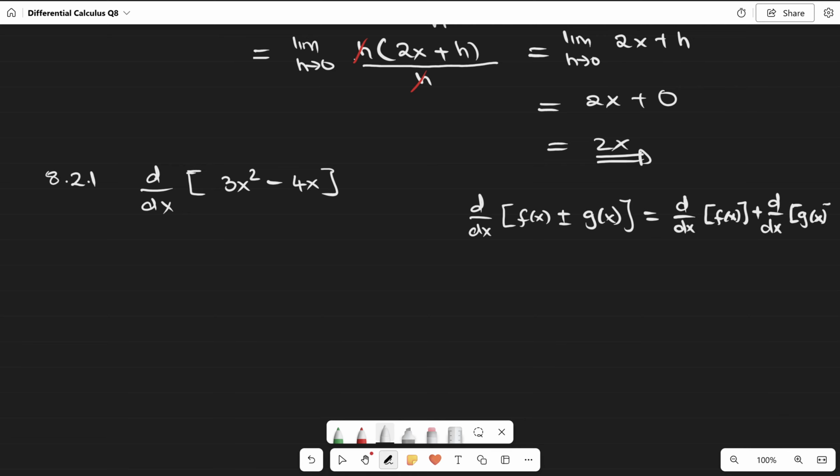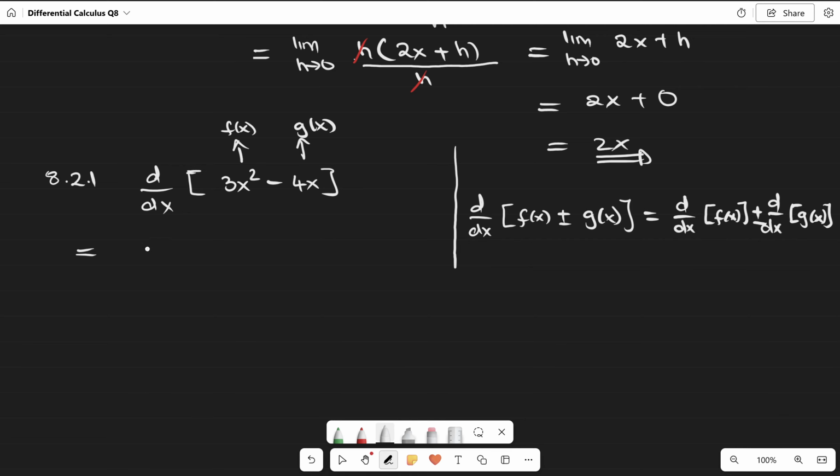We know that this is true from the differentiation rules. So we can use that same rule. We can say that this is our f of x and this is our g of x. To find the derivative of this, we find the derivative of each part, then we add them, or in this case subtract them.